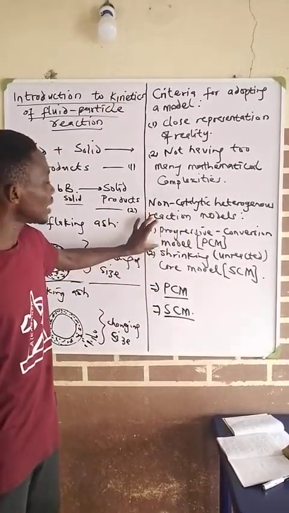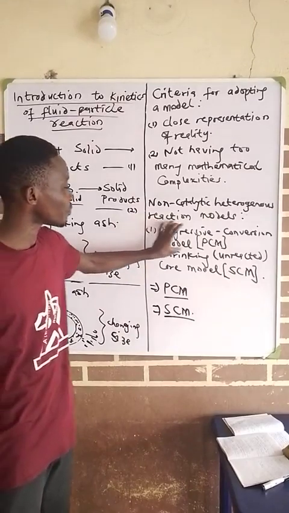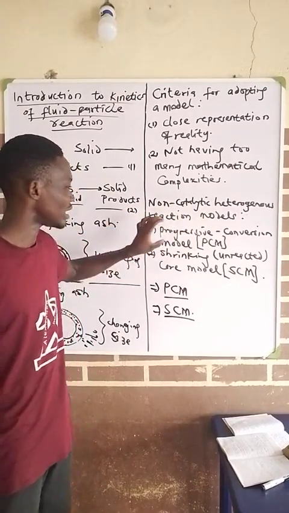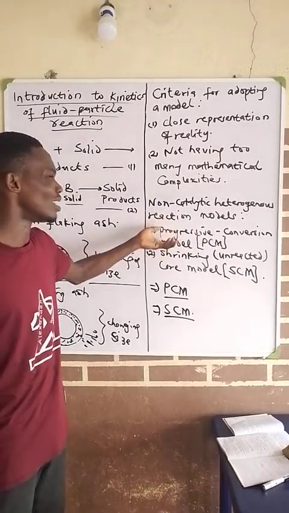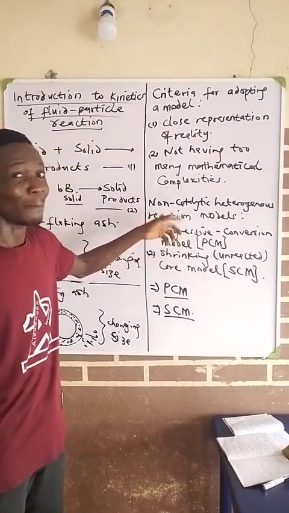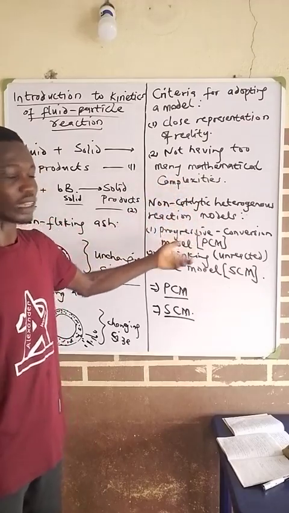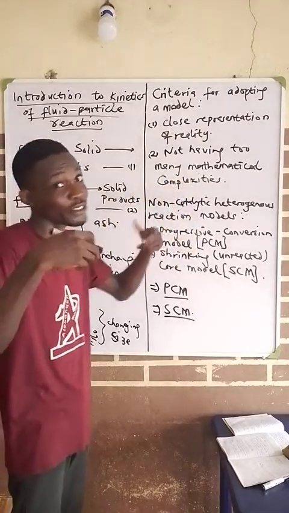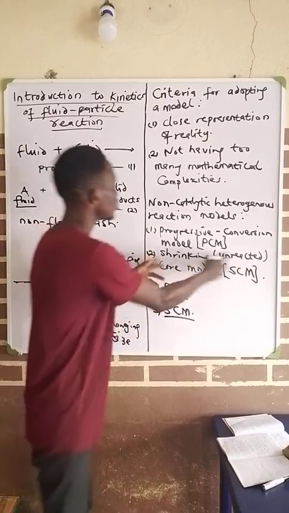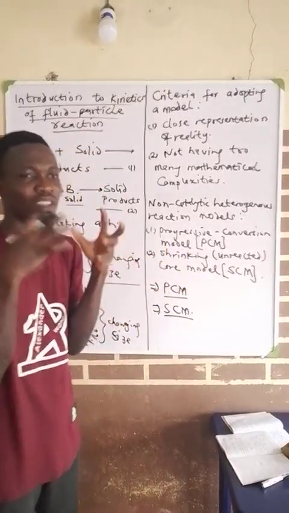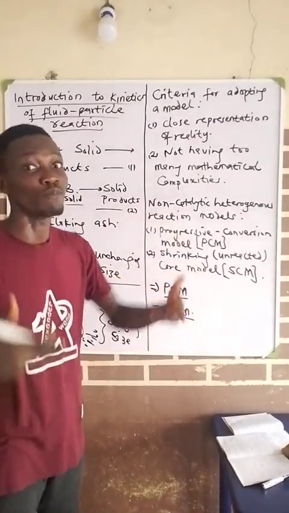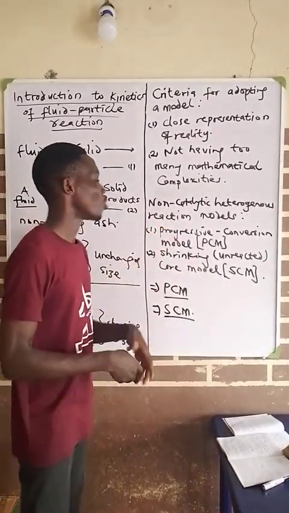We are not saying that the progressive conversion model can't take place, or that its concept might not be valid. But in real life, the shrinking unreacted core model represents what actually happens more than the progressive conversion model.